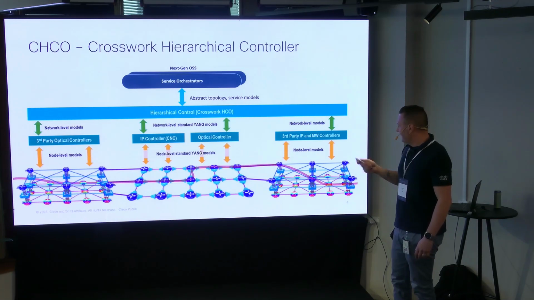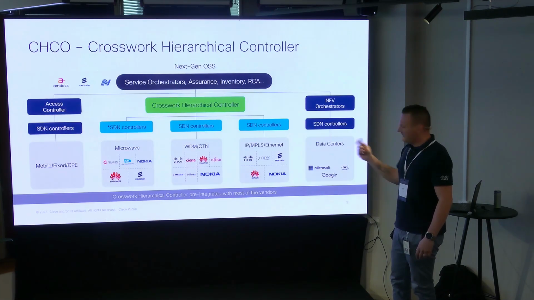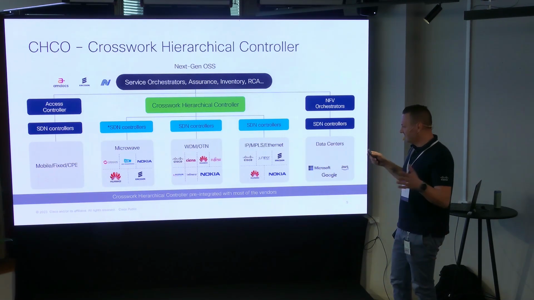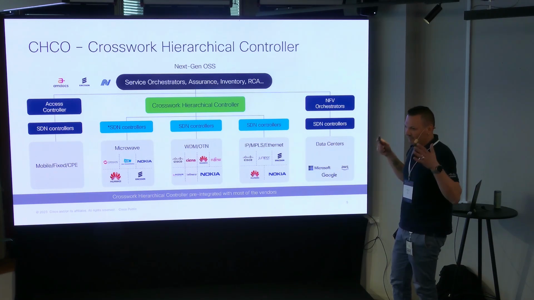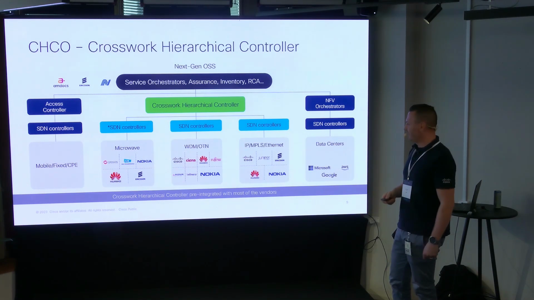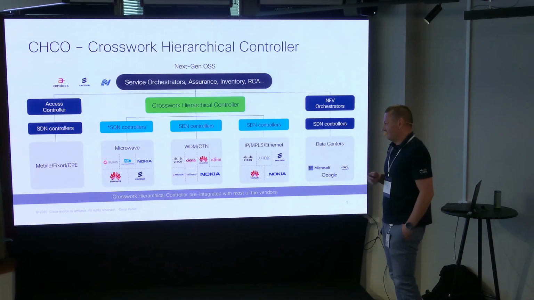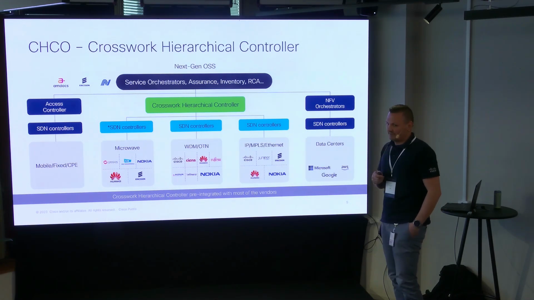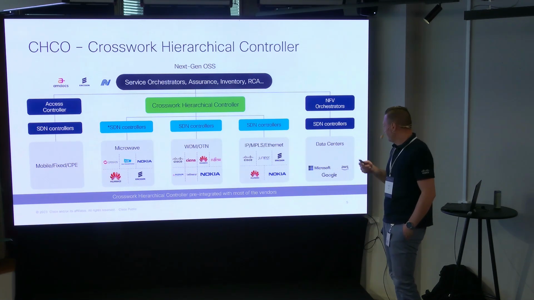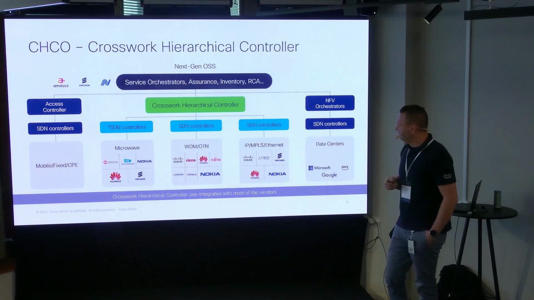I think you've seen this one. It is a multi-vendor, multi-domain, multi-layer hierarchical controller, and this is what we see in customer ecosystems. We know this works also with third party.